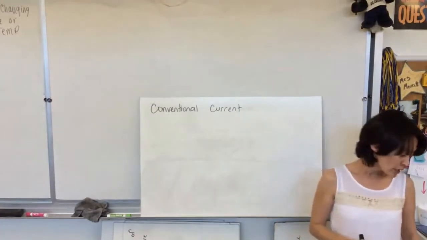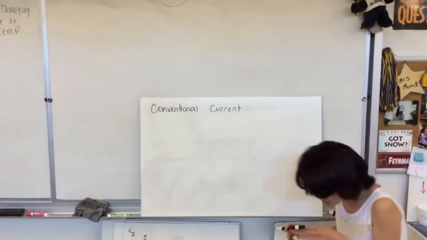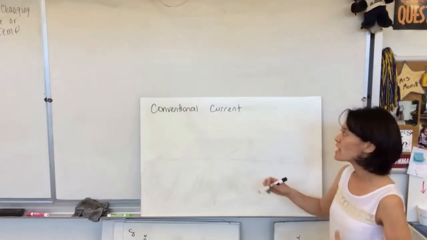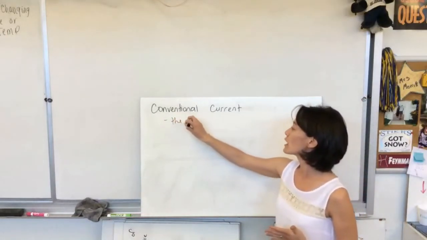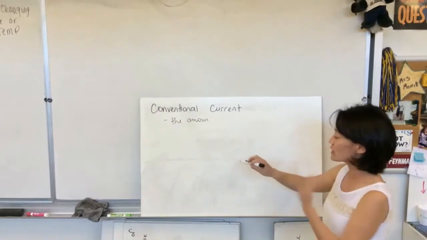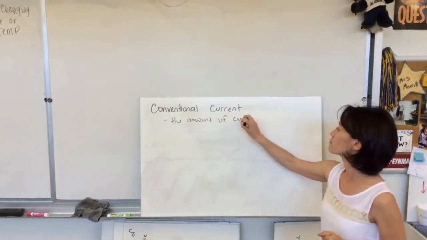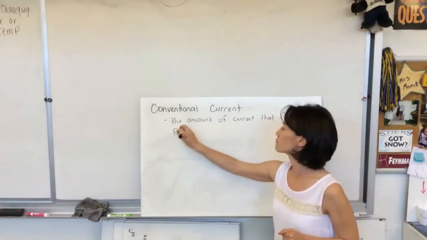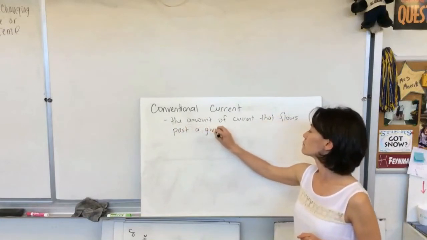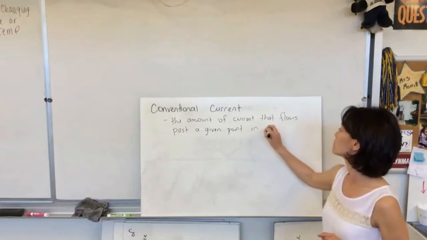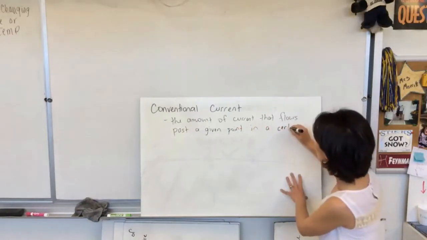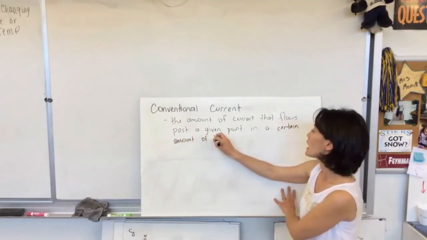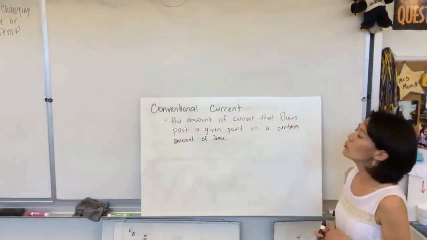So if I have 2 points that have a potential difference and I'm looking at connecting them, then conventional current is the amount of current that flows past a given point in a certain amount of time.